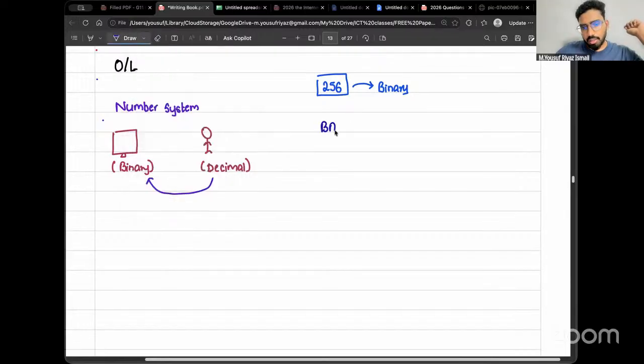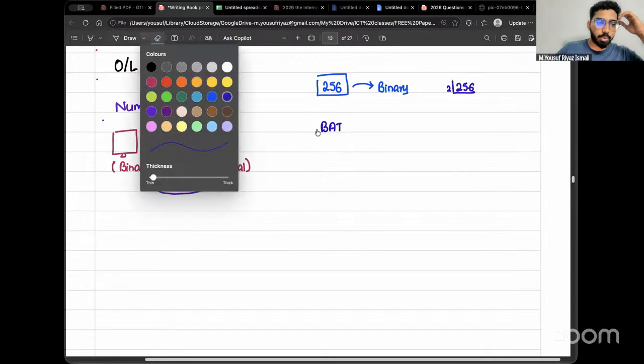But if I have a word like bat, can I divide it by 2 and find the answer? Is it a numeric value that can be divided? Exactly, the problem is that it's not a numeric value that can be divided.